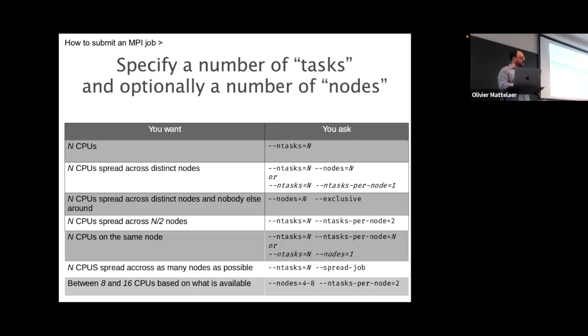I'm kind of lost in all the information. There are some questions that you should ask before submitting. Yeah. So one of them is how many CPUs do I need? How many nodes do I need? Or how much memory do I need?